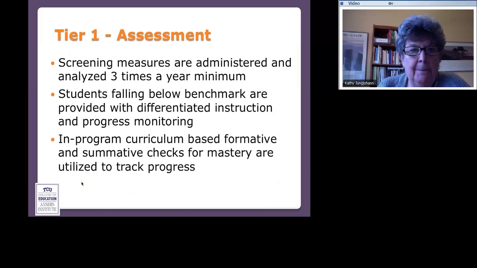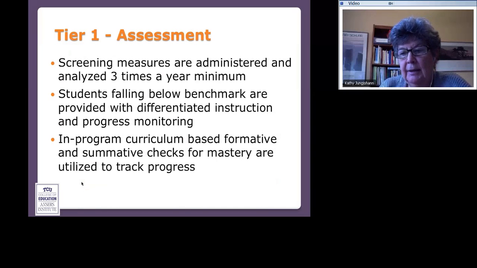In Tier 1 assessment, there should be screening measures that are administered and analyzed at a minimum of 3 times a year, and students who are falling below benchmarks are provided with this differentiated instruction and progress monitoring to see if they're going to respond to the extra assistance. It's also important to remember that Tier 1 curriculum generally provides formative assessment and summative assessment checks.